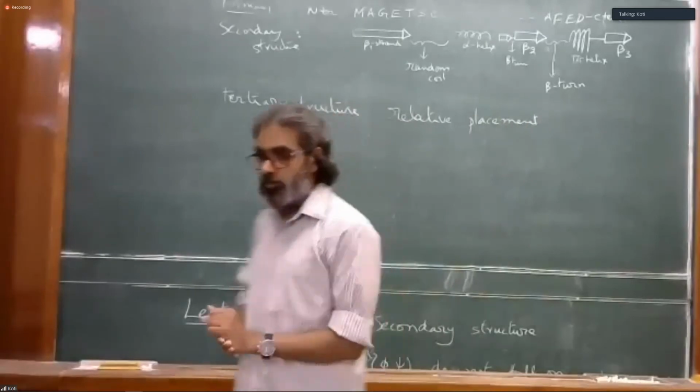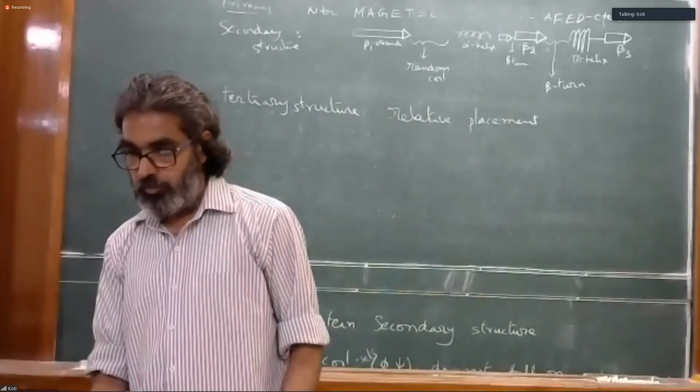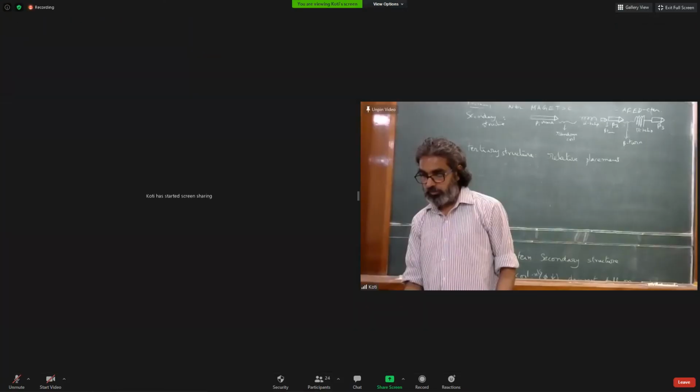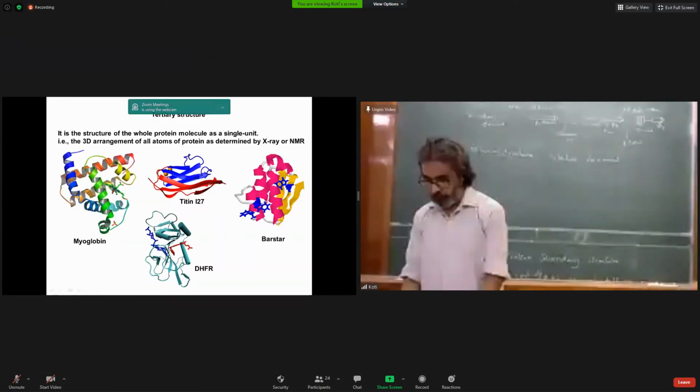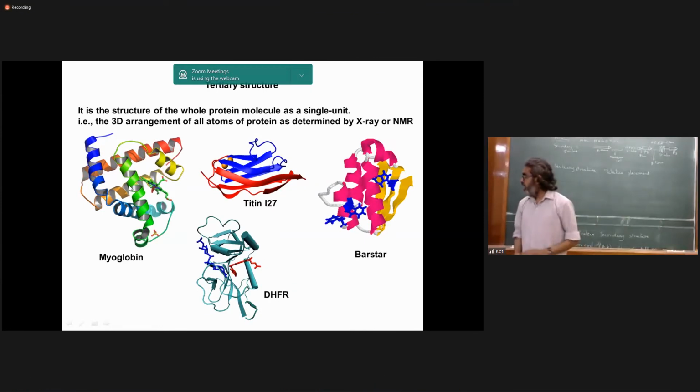Now I'll show you the structures. It's impossible to draw, but it's always easy to grab a protein and show you, because these are lovely pictures. You see on the left side a protein called myoglobin, which you know is important in binding and transporting oxygen.